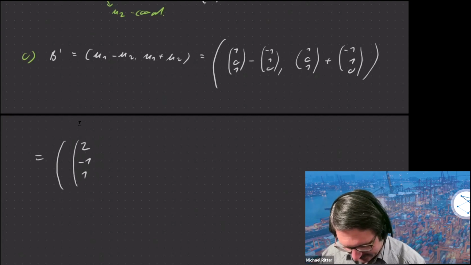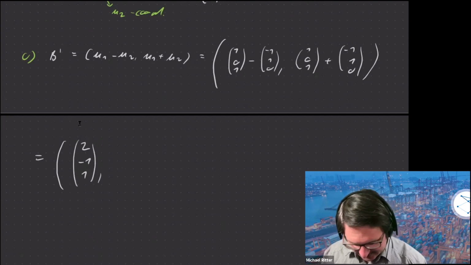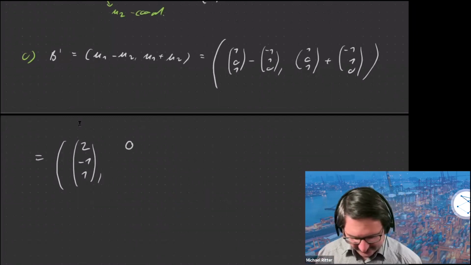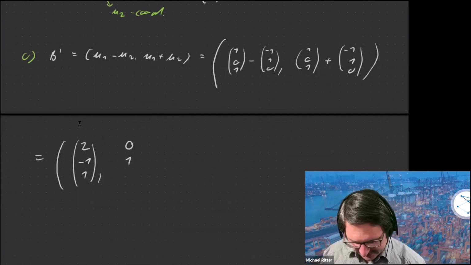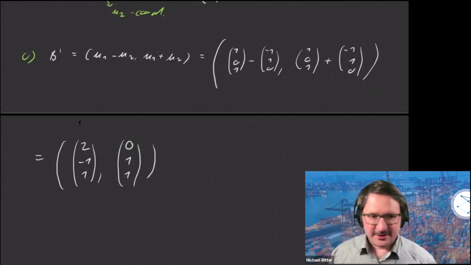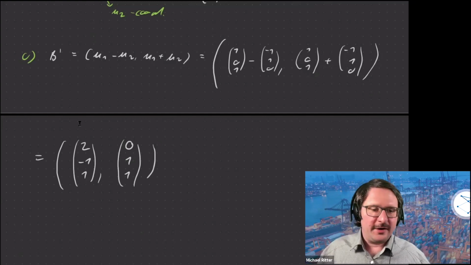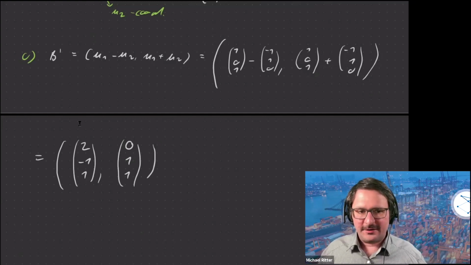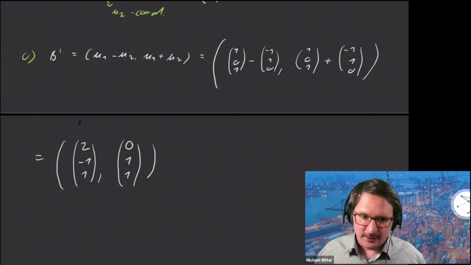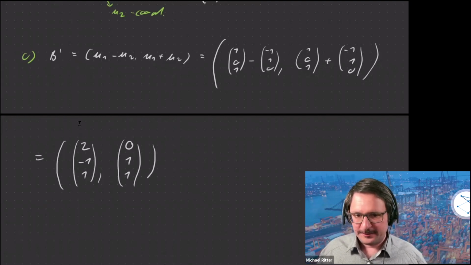The rest is correct. And here's the 0. So 1 minus 1 is 0, 0 plus 1 is 1, and 1 plus 0 is also 1. So this is a different coordinate system for V. Again, you can easily see those are linearly independent vectors. So that is a basis with an order. So we have a coordinate system.